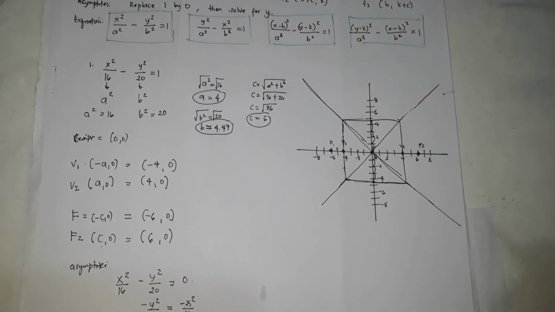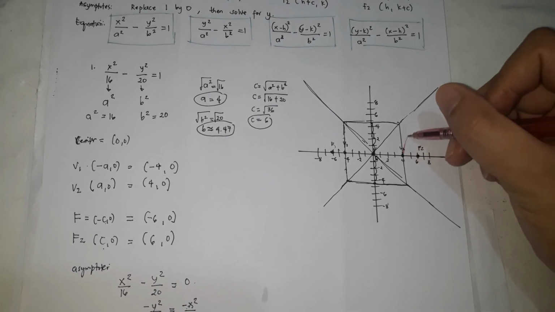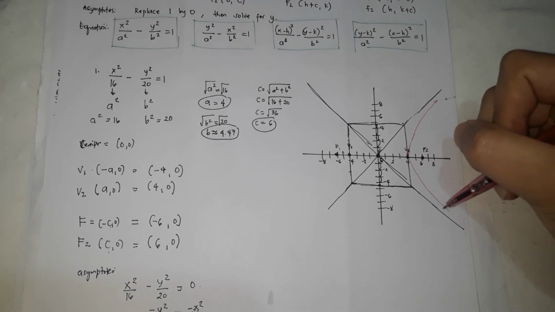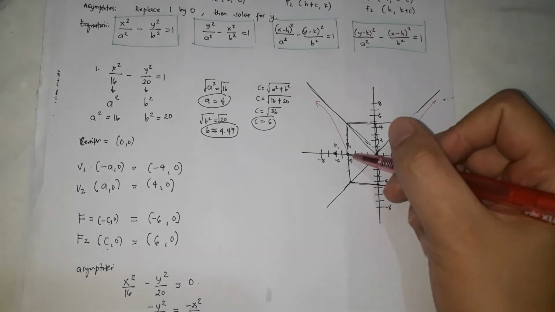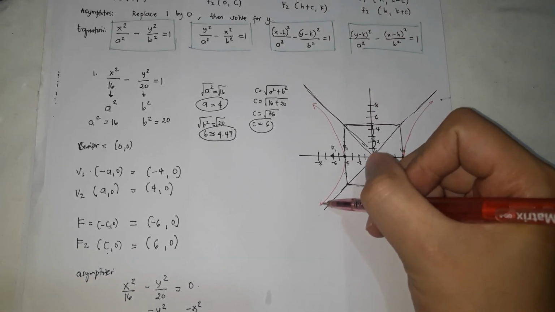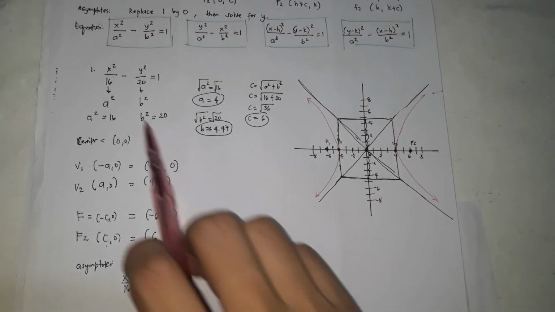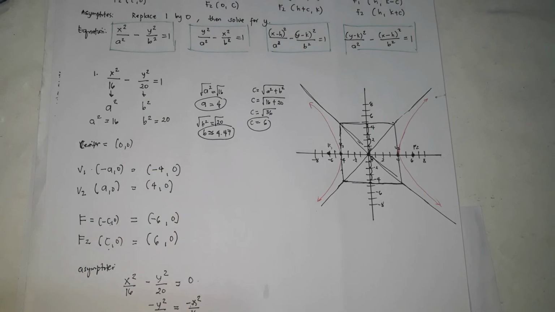You'll know that ganito na. This is our hyperbola. So this is the hyperbola whose equation is x squared over 16 minus y squared over 20 is equal to 1.